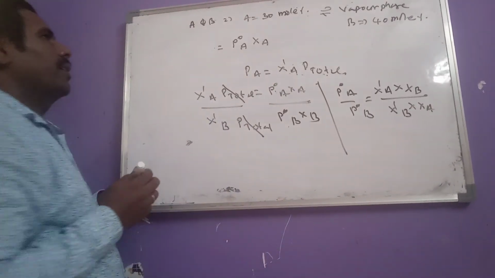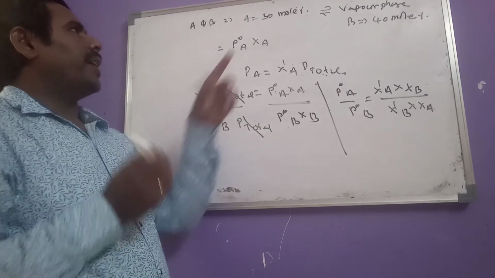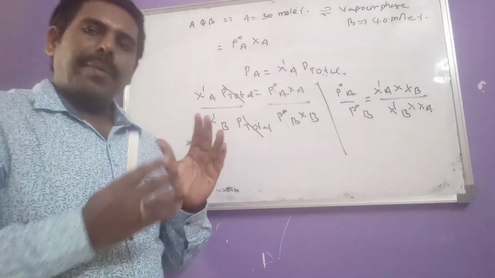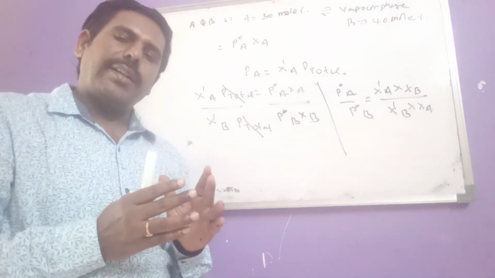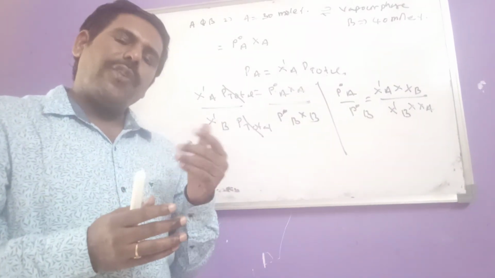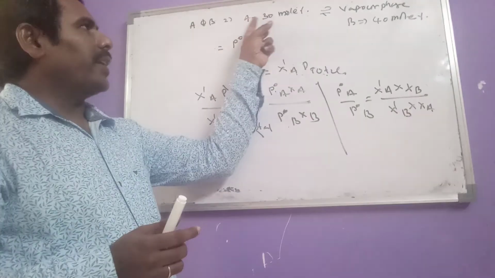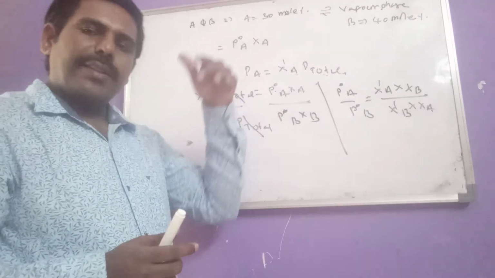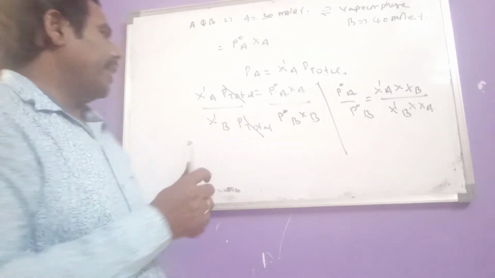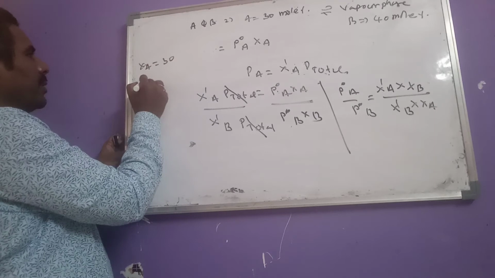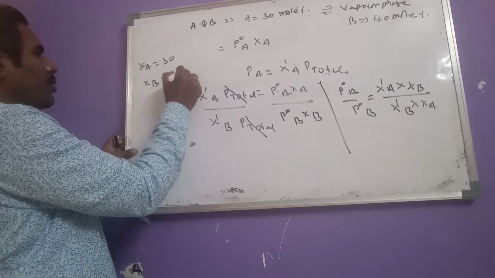Now in the liquid state, mole fraction of A is 30%, so mole fraction of B is 70%. That means if XA is 30, XB is 70.